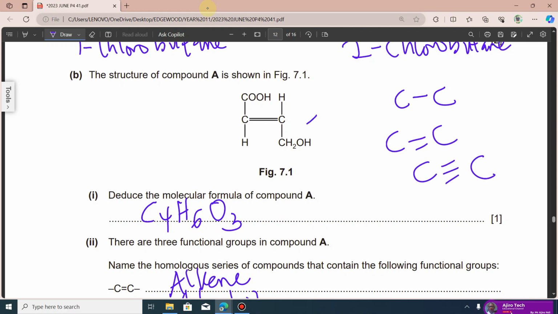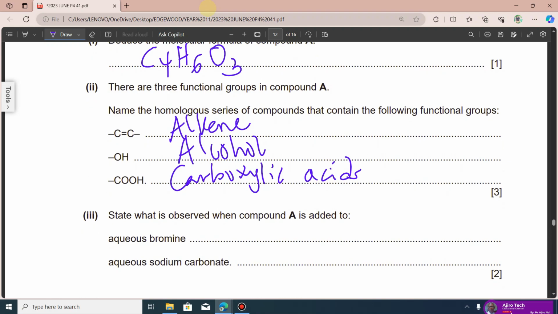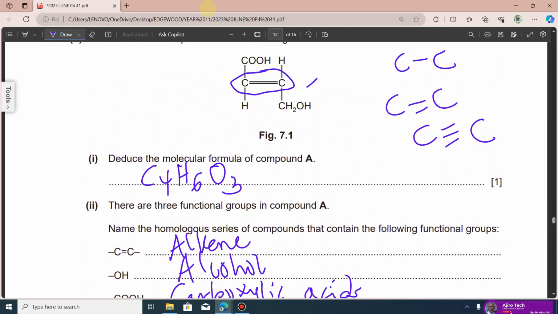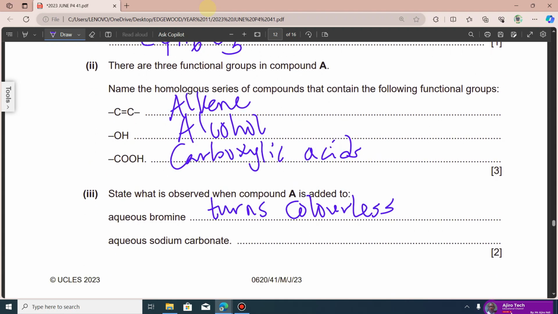Now, because of this double bond present in this compound, by the time you add aqueous bromine, it turns it colorless. I think it decolorizes the bromine water. Bromine water is brown. So when you add an unsaturated hydrocarbon or an unsaturated compound, it turns it colorless.